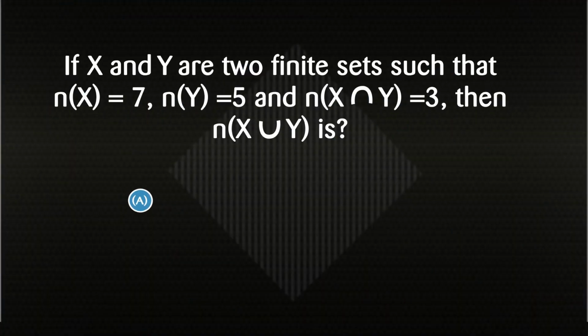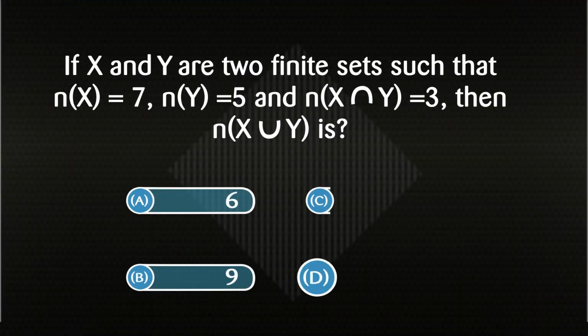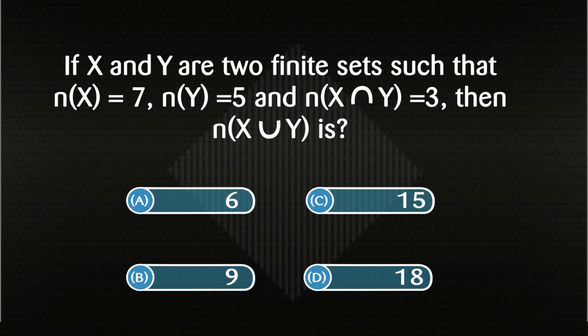This question reads, if x and y are two finite sets such that the number in x is equal to 7, the number in y equal 5, and the number in x intersect y equal 3, then the number in x union y is?